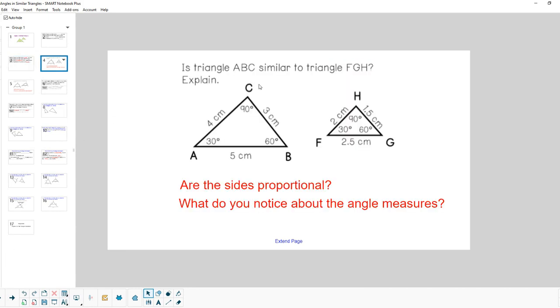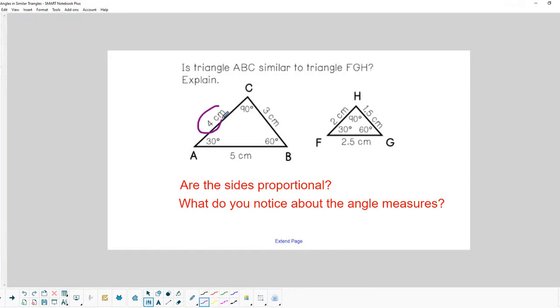Okay, in this particular example, we're asking, is this triangle on the left similar to the triangle on the right? So we have to look at the sides, and we notice that this 4 is twice as big as this 2. This 3 is twice as big as this 1.5, and 5 here is twice as big as 2.5.